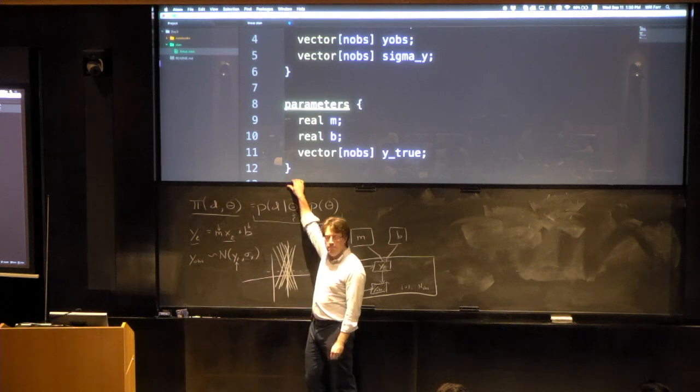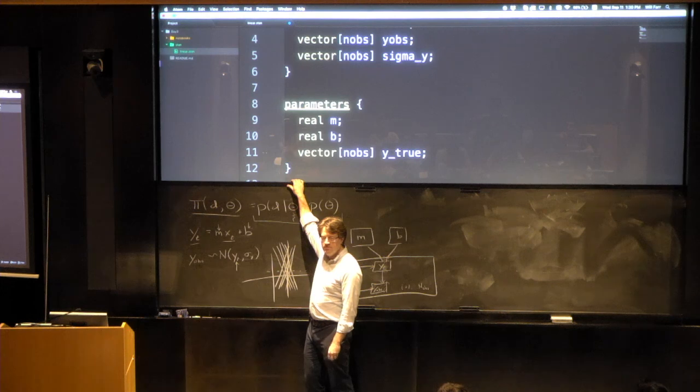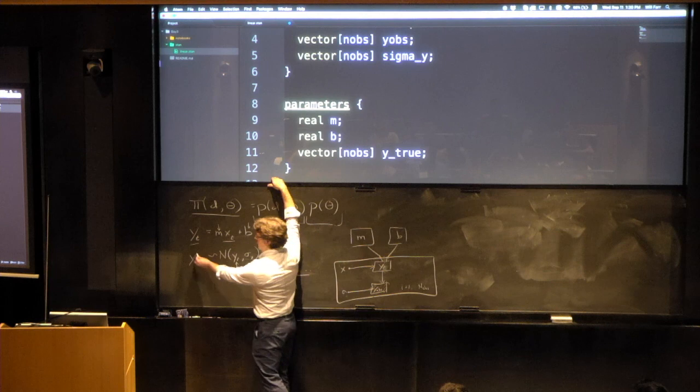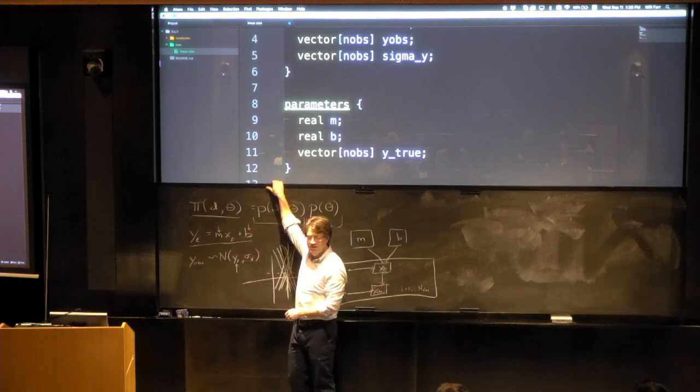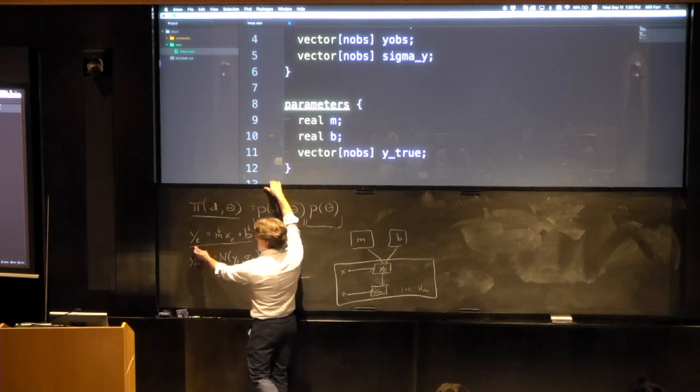What should I write for that? Anybody have an idea? It's determined, right? If I know M and I know B, then I just get Y true out.